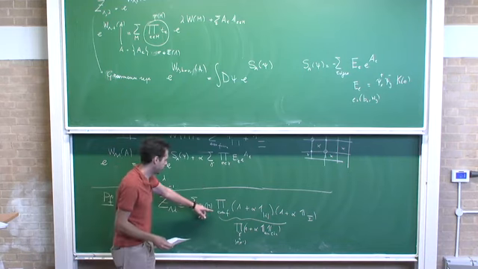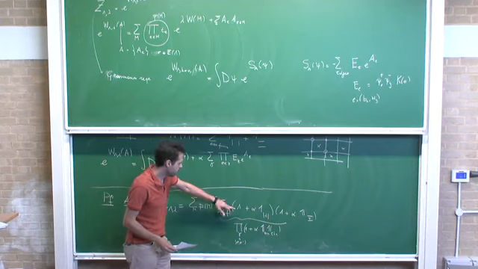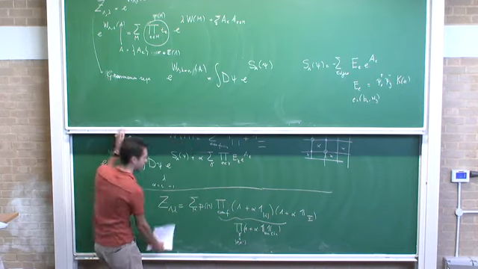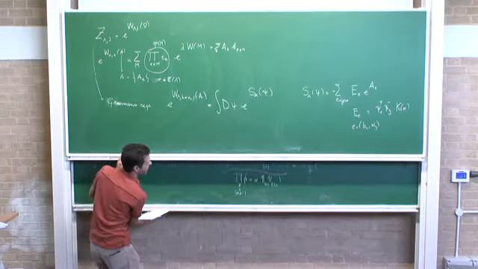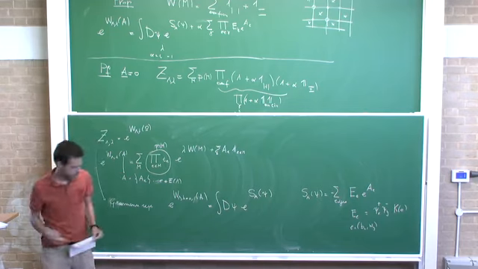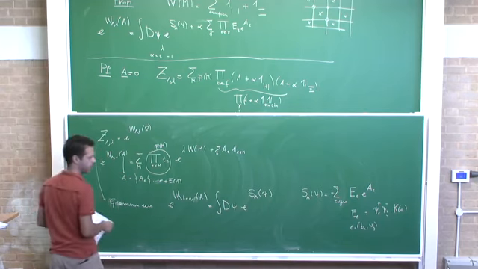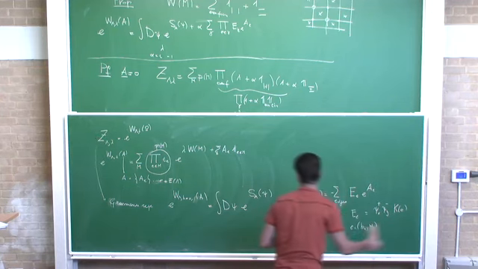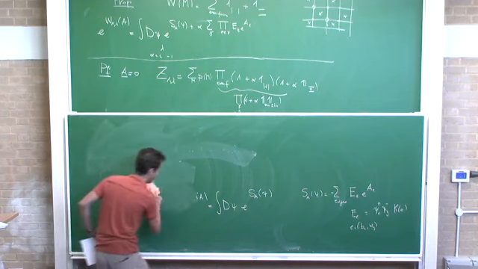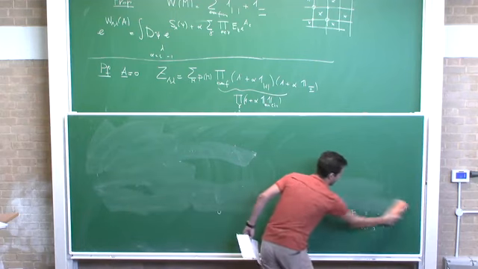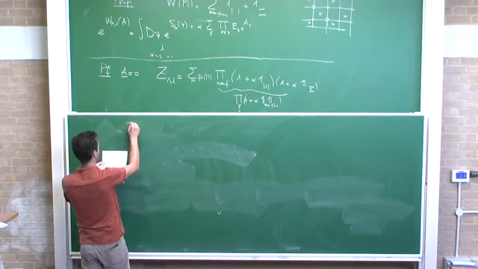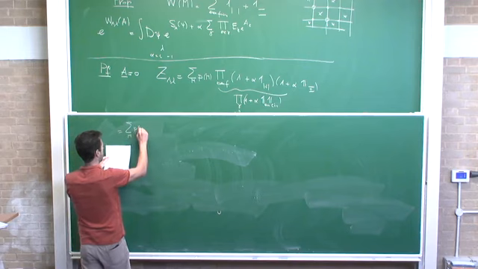And then the next thing is just to expand this product. You will take either ones or these indicators, and you count how many times you don't take 1. So then you get the sum over m, P of m.